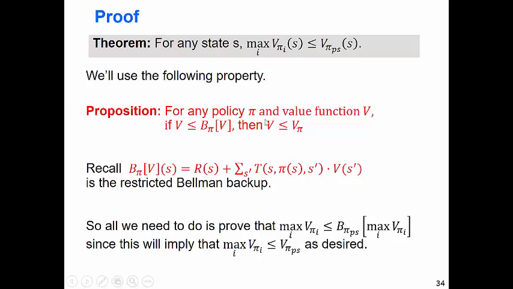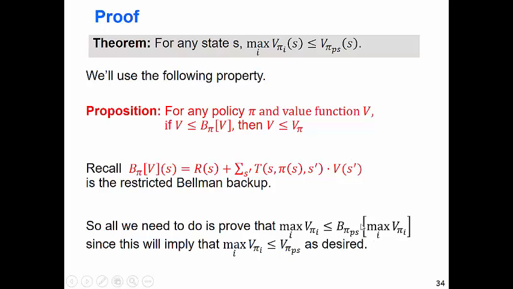So we can use this to pretty much directly show that this is true. What we need to do is show that the max over i of v pi i is less than or equal to the Bellman backup operator with respect to the policy switching policy applied to the max.